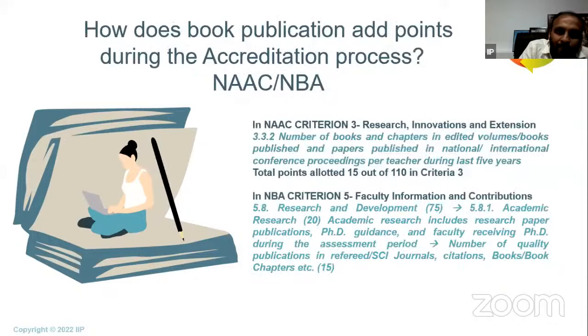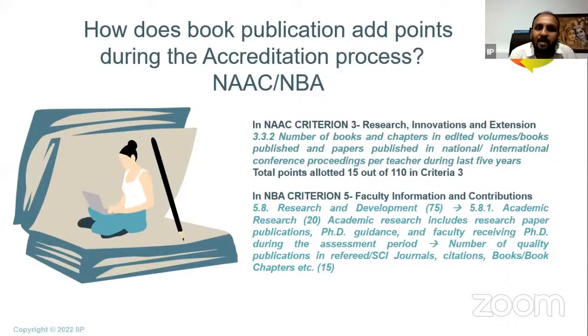Now, how does book publication add points during the accreditation process, whether NAAC or NBA? Most private universities and institutions support, promote and motivate their faculties to publish books, because it directly or indirectly helps the institution during accreditation. In NAAC, it comes under Criterion 3, research, innovation and extension, where 15 points are allotted for book publication.